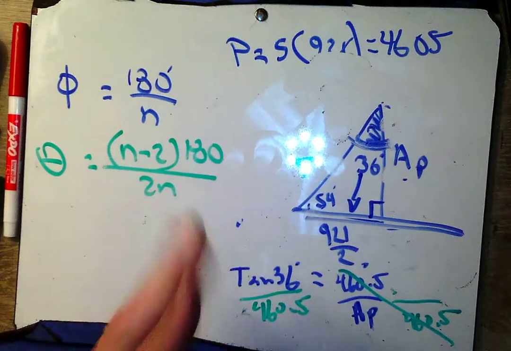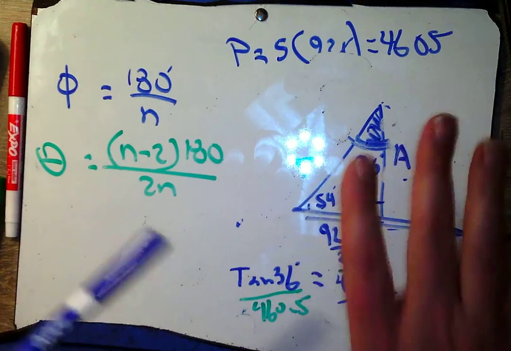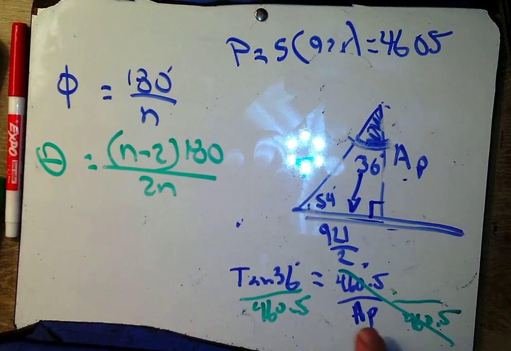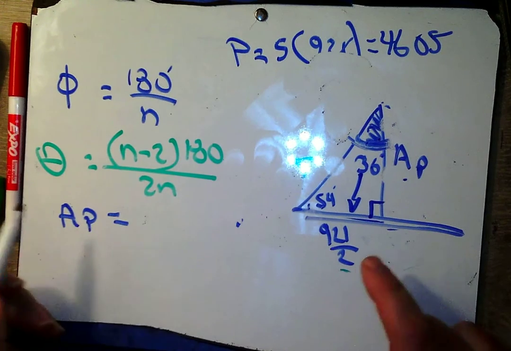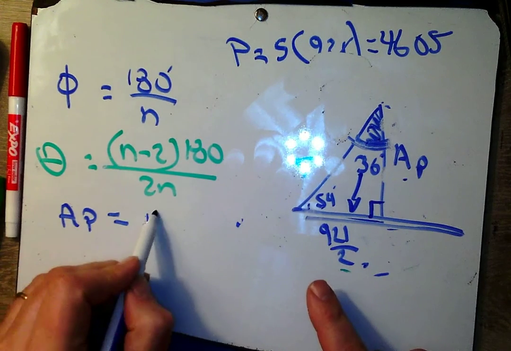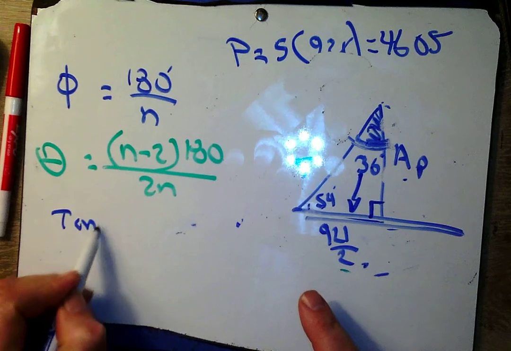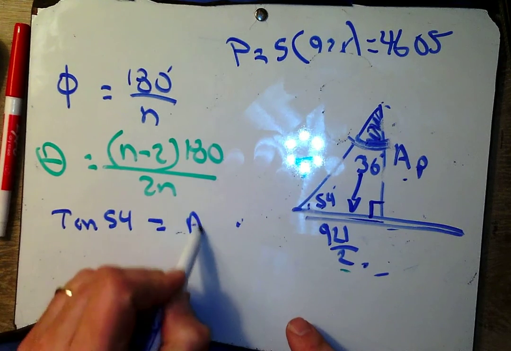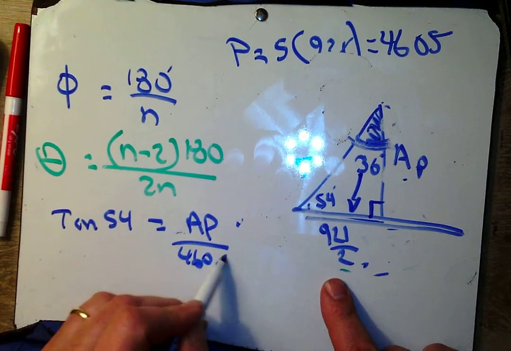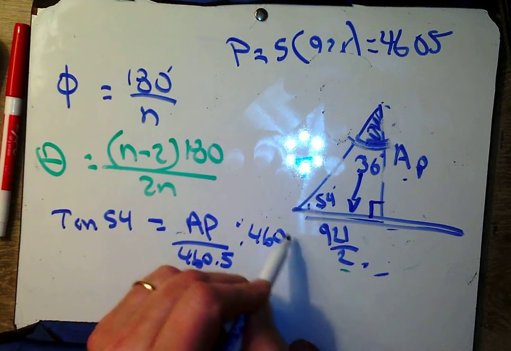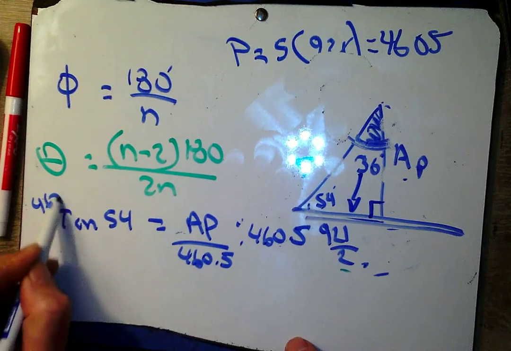Okay, so we're not quite done yet, right? We just now know how to find those angles, and we now know that the apothem is going to be tangent 54 equals apothem over 460.5, and I'm going to multiply both sides by 460.5.